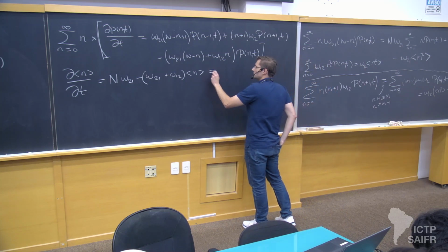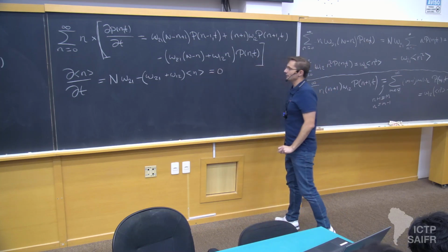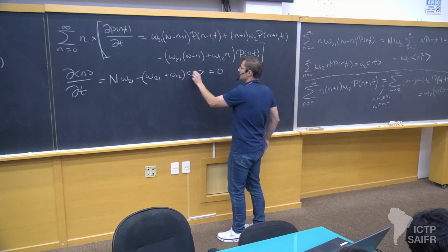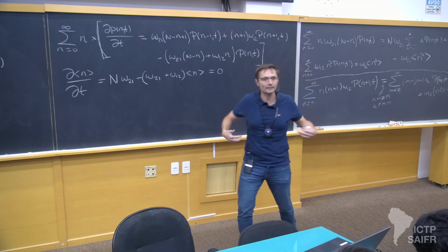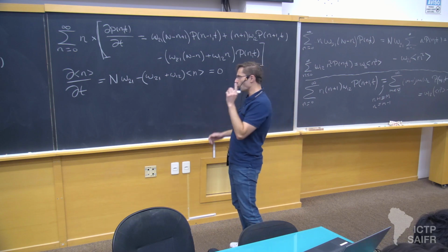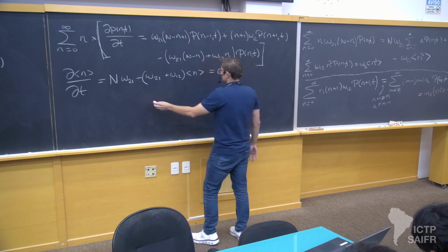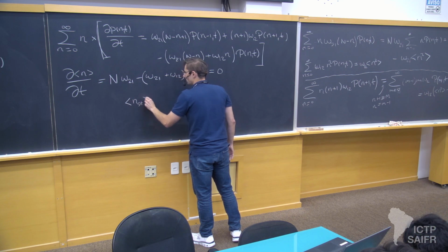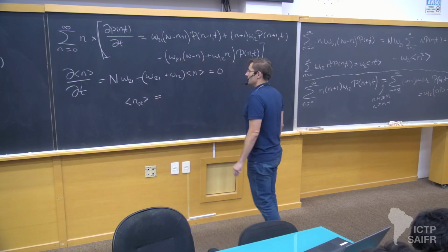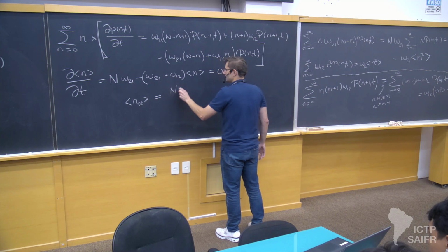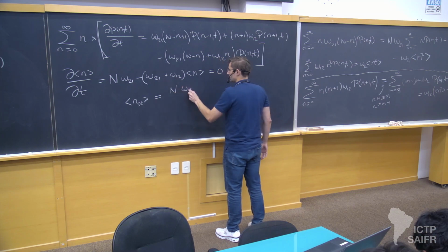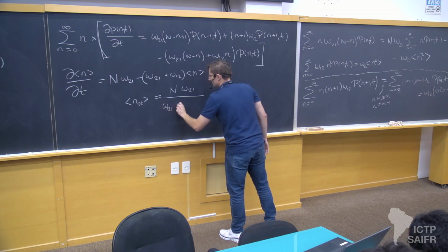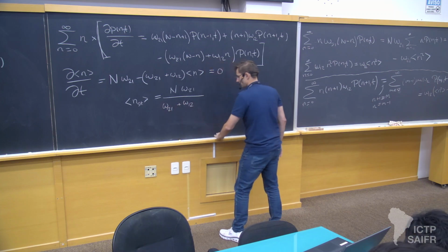If you, for example, try to look at the stationary state solutions, so basically what is the mean number of particles that I will have in state 1 if I wait infinitely long, then this value, which I'm going to call the mean value of n in the stationary state, is going to be capital N times omega 2,1 divided by omega 2,1 plus omega 1,2.